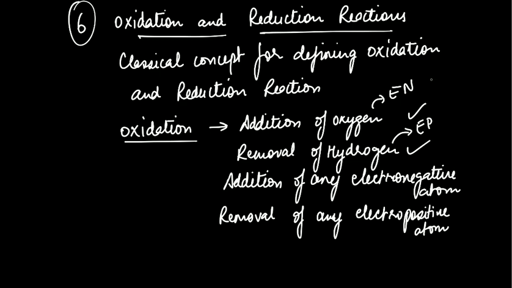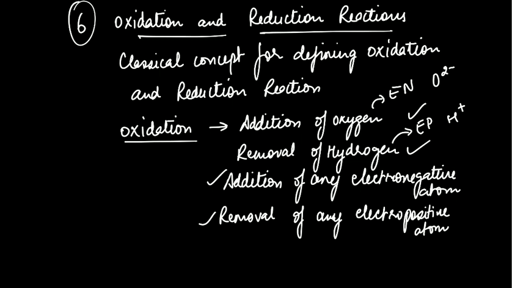So this electronegative oxygen with the 2 minus charge, hydrogen is with the plus charge. Hydrogen do carry minus charge also, hydride ion, but that we are not discussing in this concept. Why did we write these two definitions? Addition of any electronegative atom or removal of any electropositive atom is also oxidation.